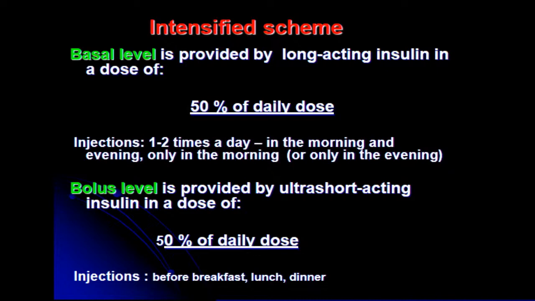Bolus level is provided by ultrashort-acting insulin in a dose of 50% of daily dose. This insulin we introduce before breakfast, before lunch, before dinner. In treatment of children with diabetes mellitus, we must use only recombinant insulin.